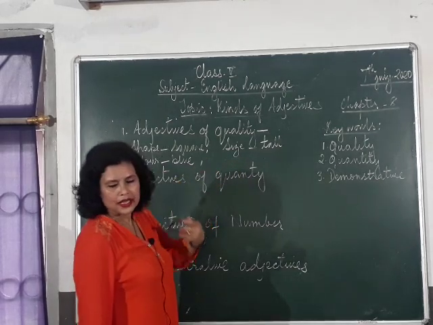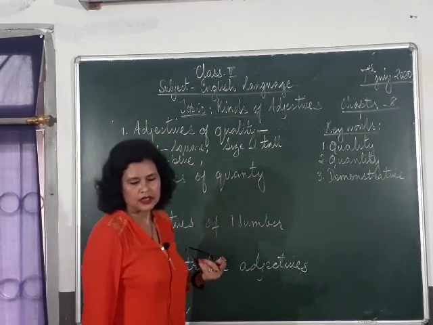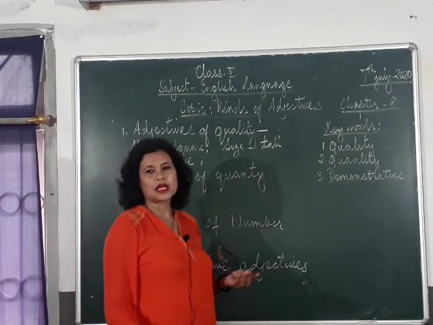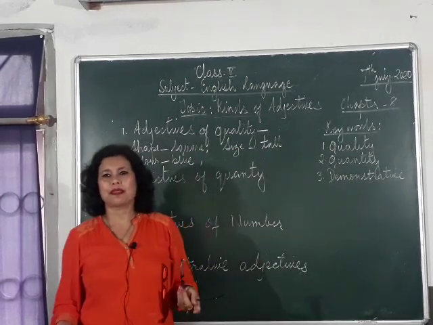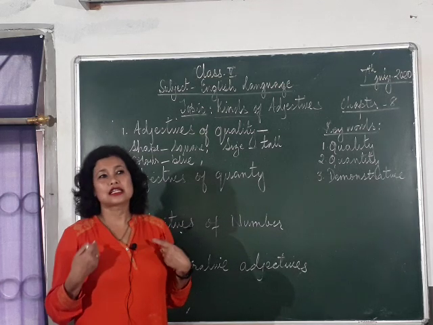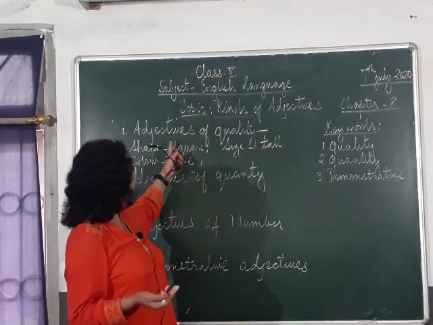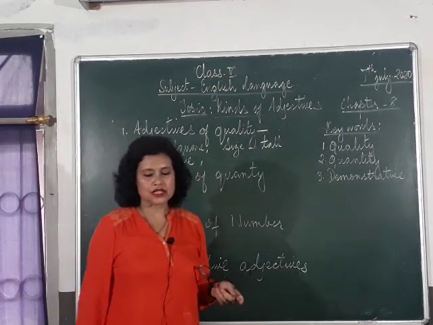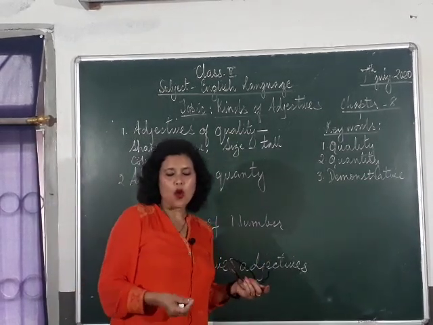And then judgment: a dull day, a bright day, right? Feelings: crying, sad, sympathetic. These are the kinds of adjectives. It answers the question, what kind?